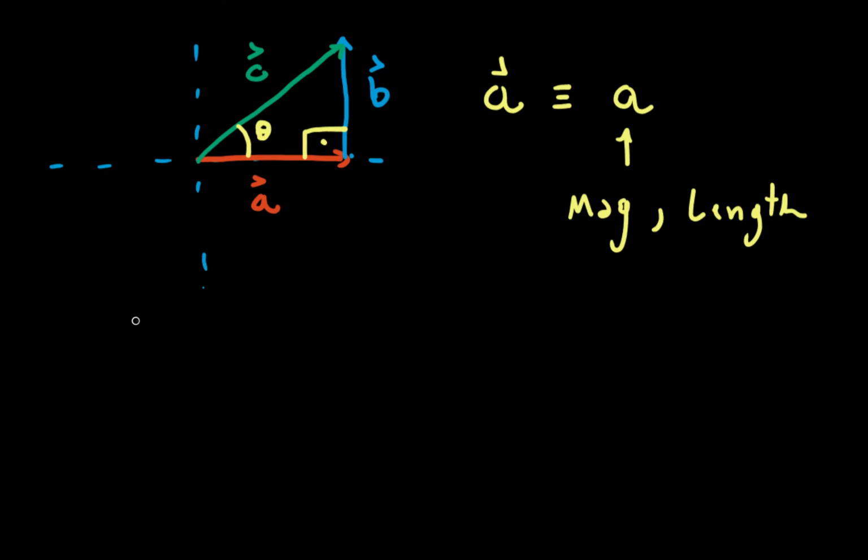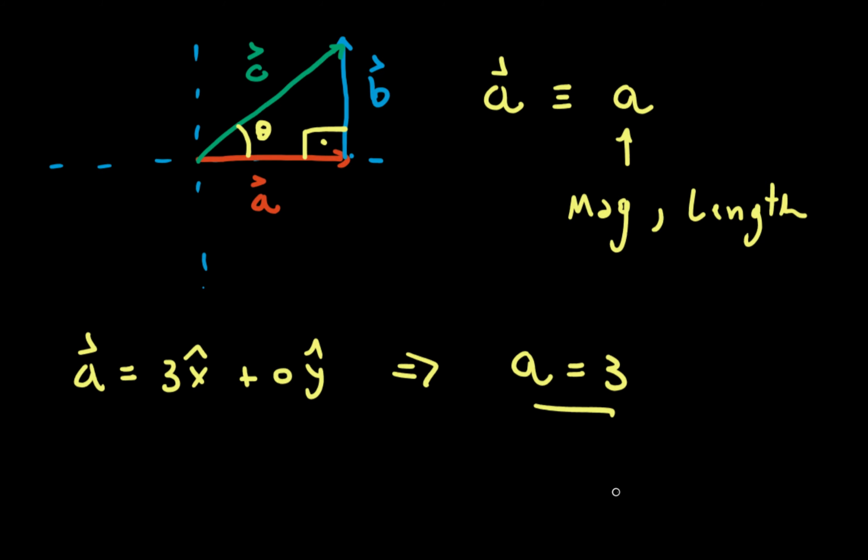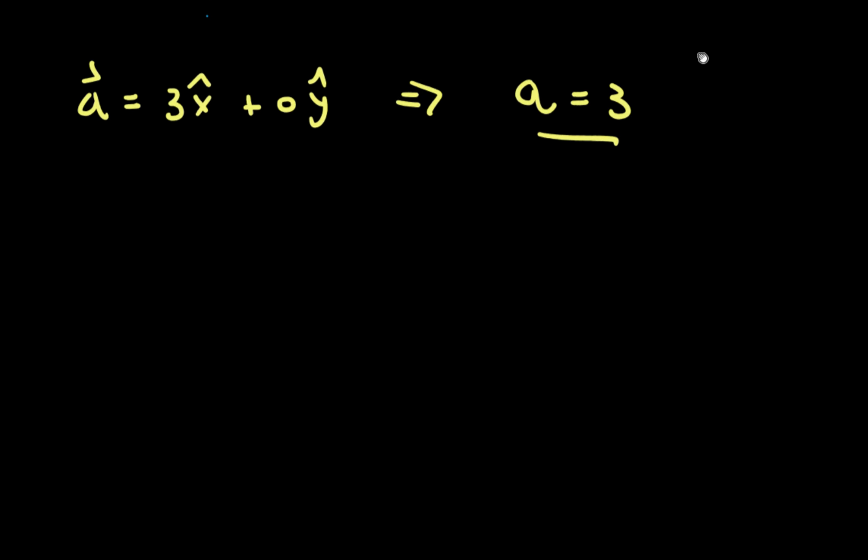Meaning that if vector A was 3 units in the x plus 0 units in the y, you don't have to do any mathematics here. You can just say that A is just 3 units long. So if I go ahead and draw this as a triangle, the triangle I'll get is simply A, B, and C, with this angle being 90 degrees.